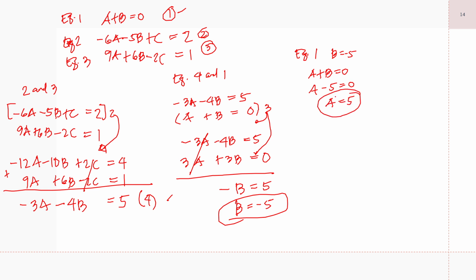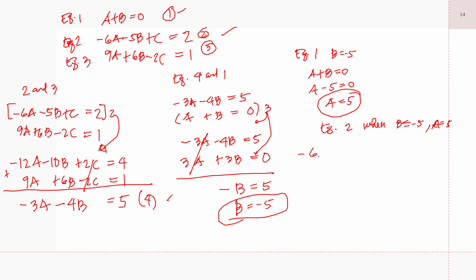Now we have the values for b and a. So let's proceed to find the value of c. Let's use equation 2, when b is equal to negative 5 and a is equal to 5.